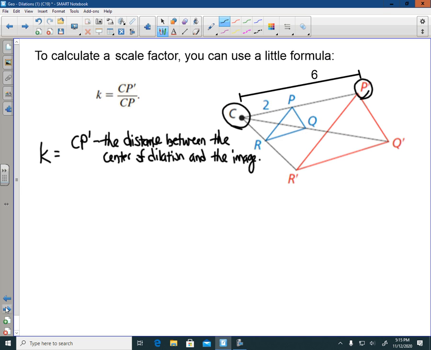All of that gets put over what's called CP. CP is also a distance. It's the distance between the center of dilation, again C in this case, and a point on the pre-image.